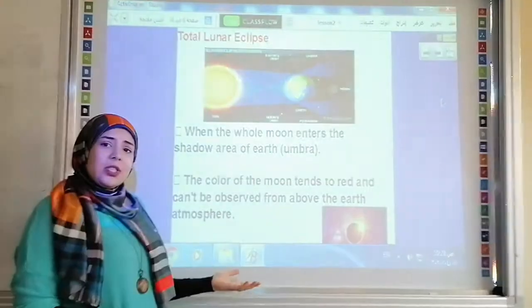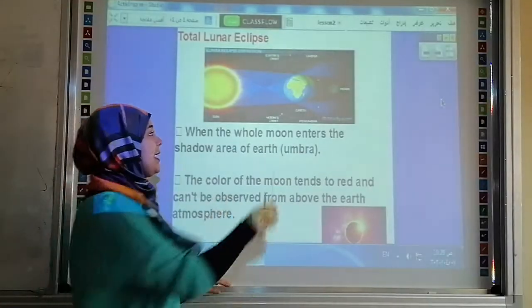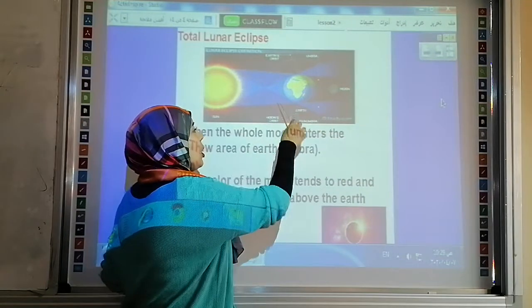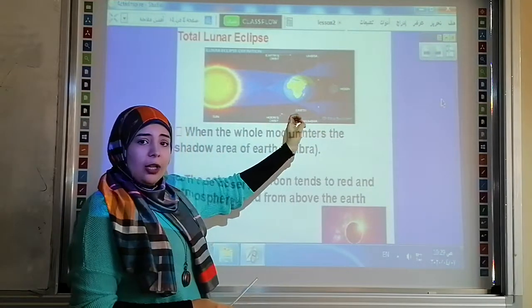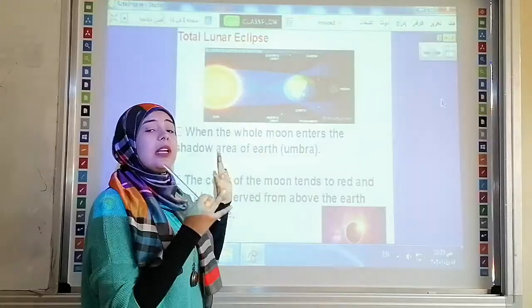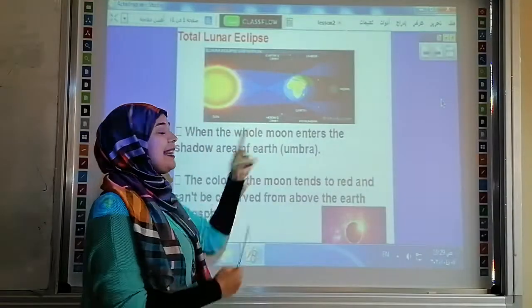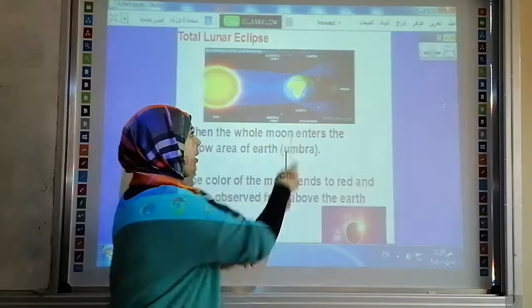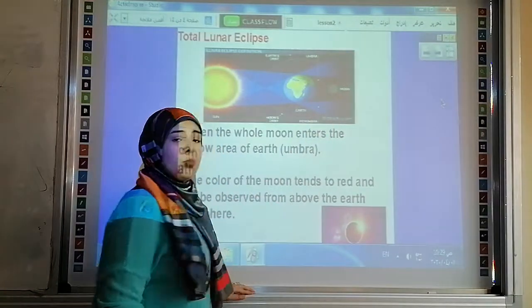Why do we see the moon as red in color? Because in this case, the atmosphere of the earth will absorb the 7 colors of sunlight except red rays. It will refract them to the moon.